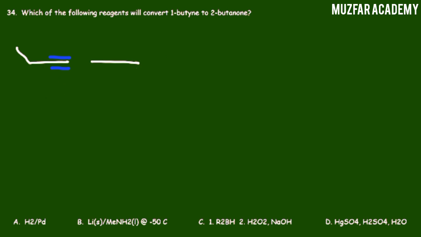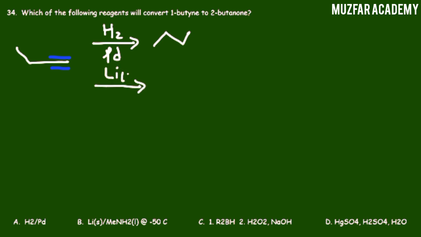Well, let's go through each reaction. So first we have hydrogen gas with a palladium catalyst. This will convert the alkyne all the way to an alkane. Of course, you'll need 2 equivalents, but it's not going to stop at the alkene level. For the next reaction, we have solid lithium metal and liquid methylamine.